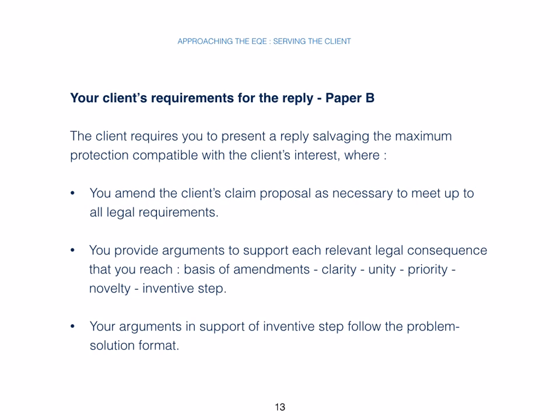First, you have to amend the client's claim proposal as necessary to meet up to all legal requirements. And normally what will happen is that the client will propose a claim amendment which inadmissibly adds subject matter, and you will have to correct that in your answer.